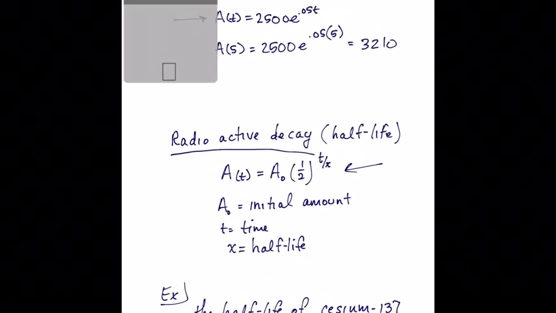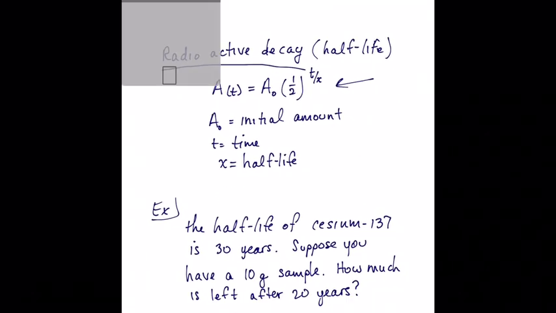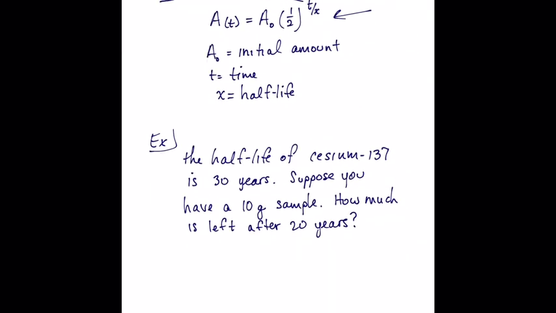Now, as an example, the radioactive isotope cesium-137 has a half-life of 30 years. Let's suppose we have a 10-gram sample. How much is left after 20 years? So since we've been given a specific half-life of 30 years, we can use this model.